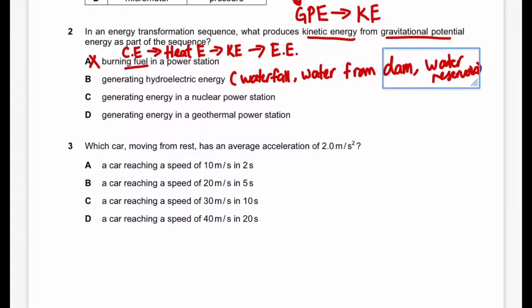So in this case, the water needs to be from a height, such as the waterfall.